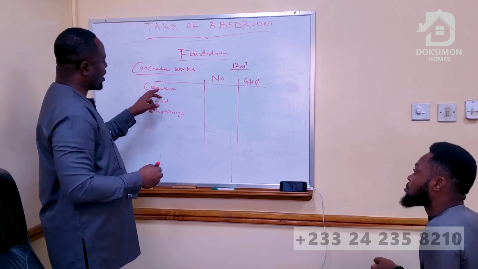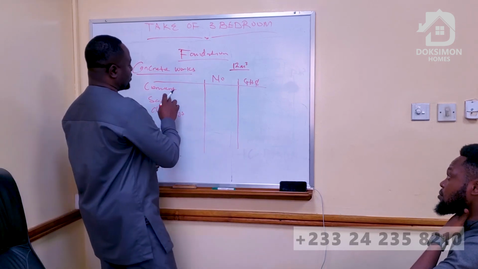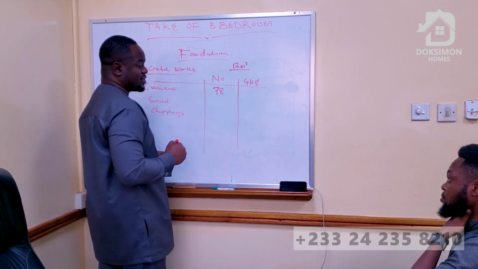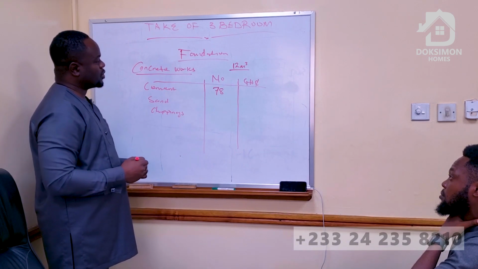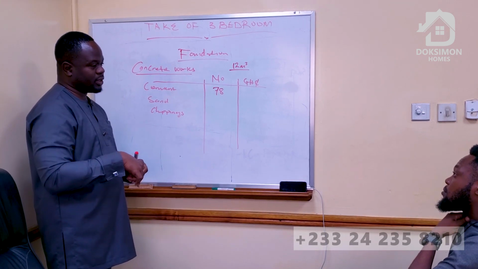The number of cement you need for those things within the foundation, by calculation, we had 78 bags of cement. Now these 78, it's multiplied by the current price, which is 40 cedis today.